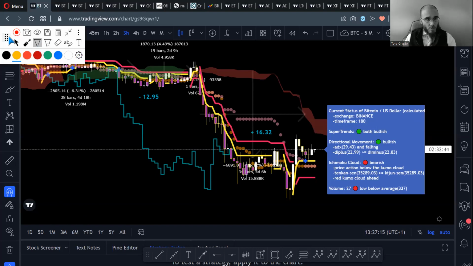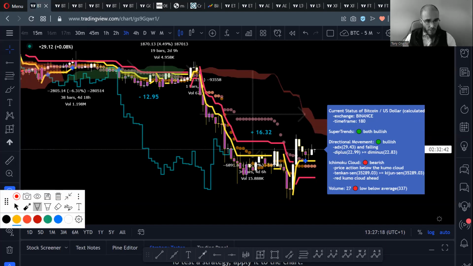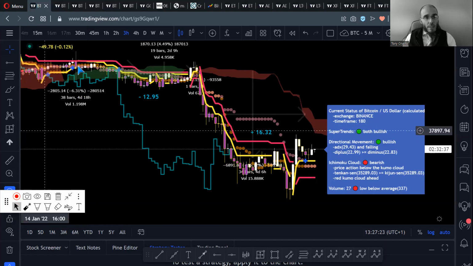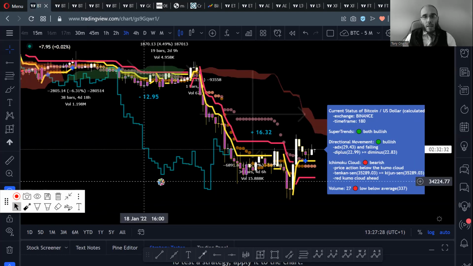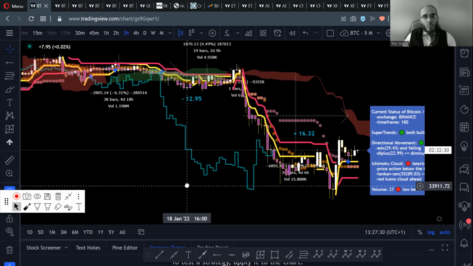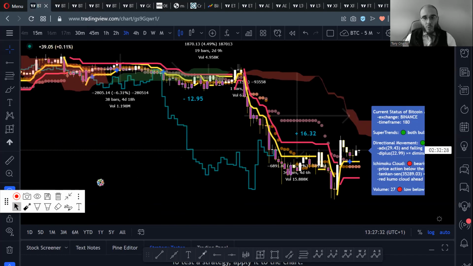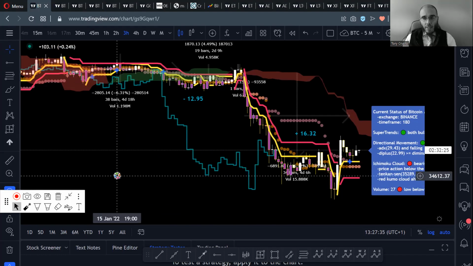So let me move my tool a little, and then we take a look. Let's say you take every entry point on Ichimoku, and you put your exit point also related to Ichimoku.